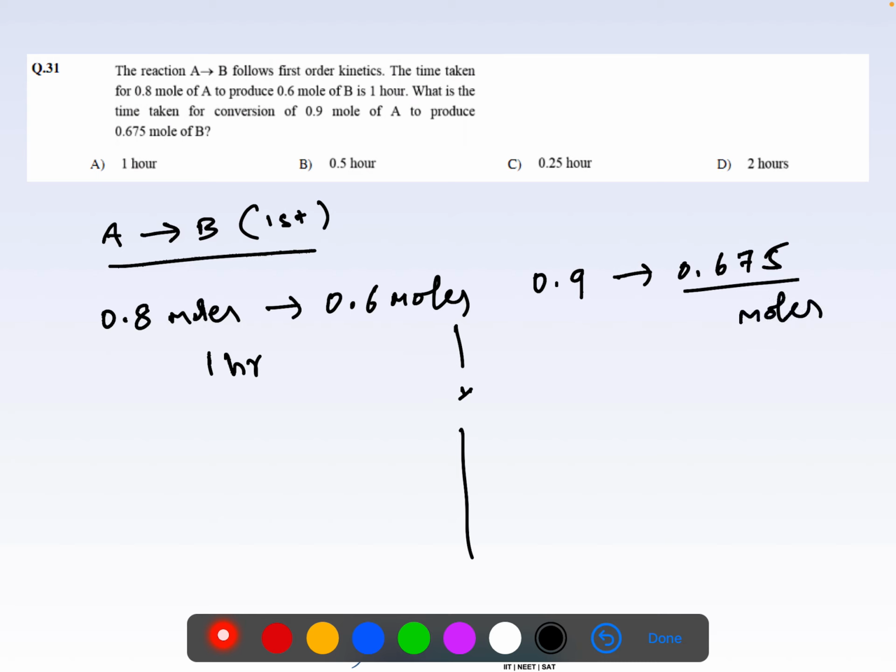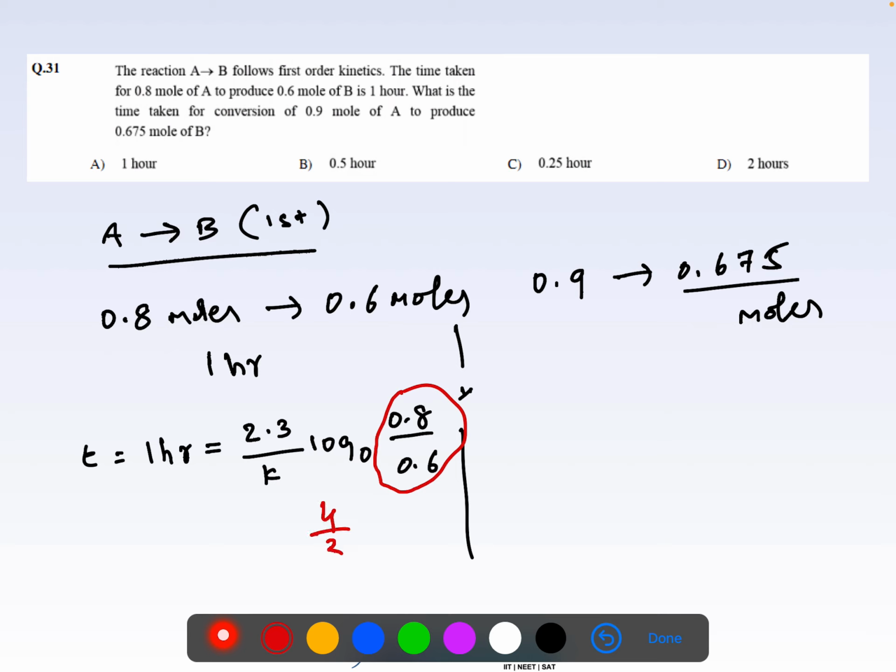For a first order reaction, time, that is here 1 hour, is equal to 2.3 divided by K log base 10 of initial concentration 0.8 divided by 0.6. This 0.8 divided by 0.6 is nothing but 4 by 3.